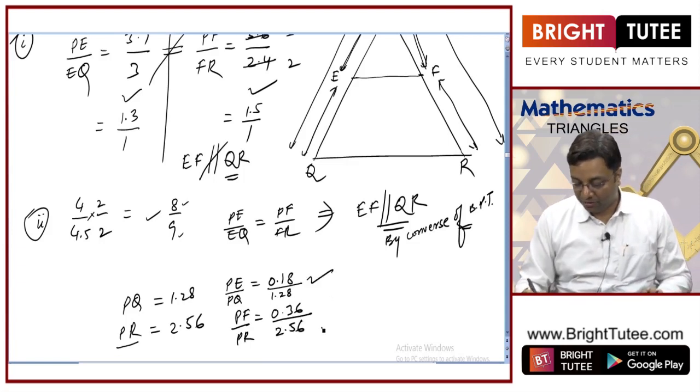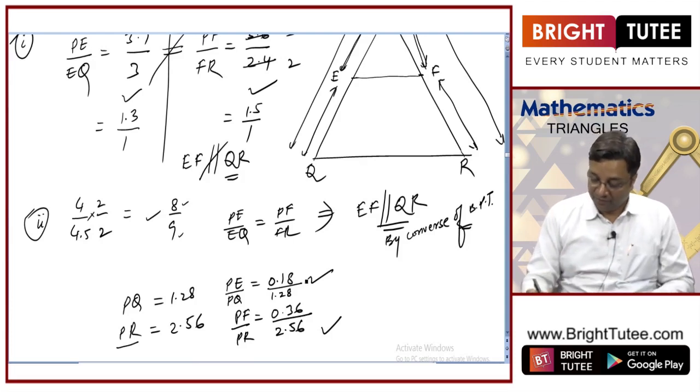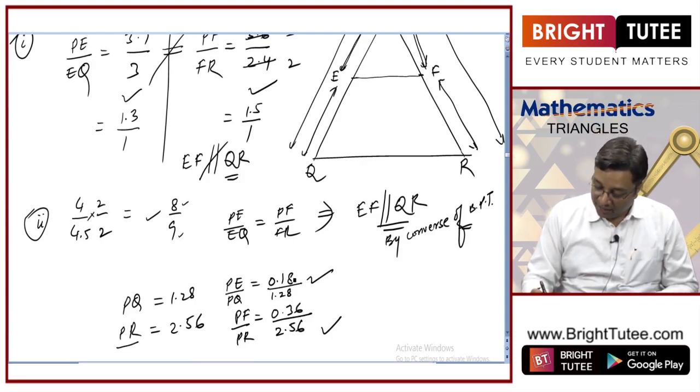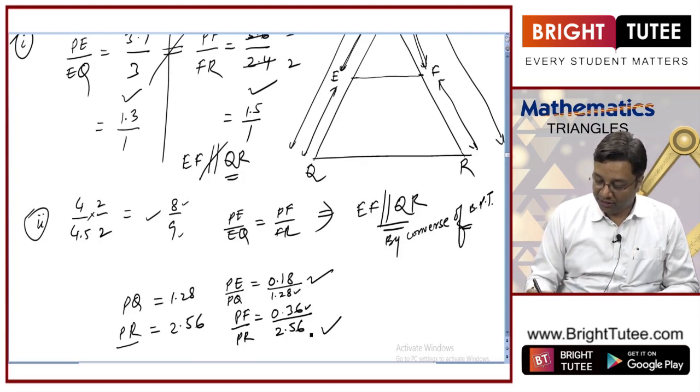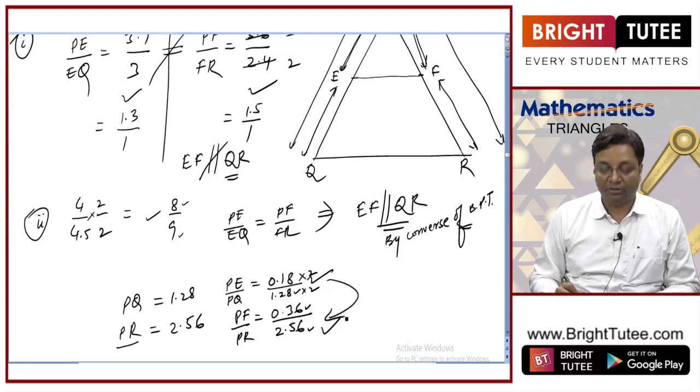Now look at these two ratios, we do not have to solve any further, you just have a look at these. 0.18 is half of 0.36, 1.28 is half of 2.56. So, if I multiply this by 2 and this by 2, I will obtain the same ratio.